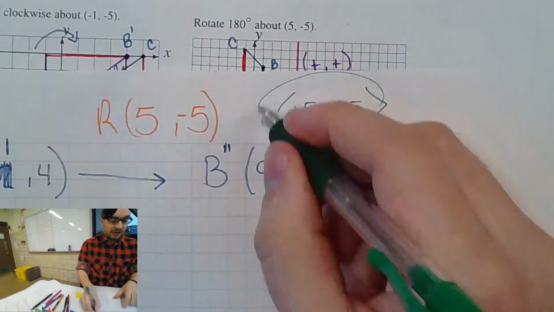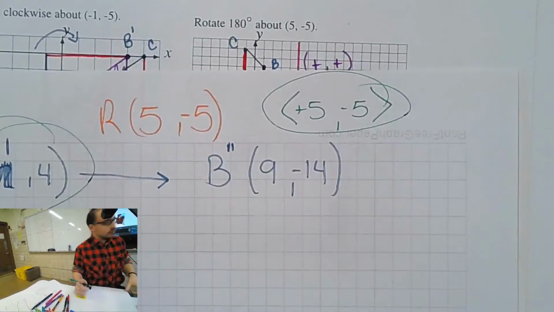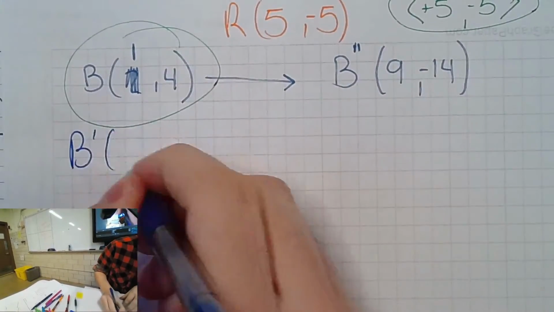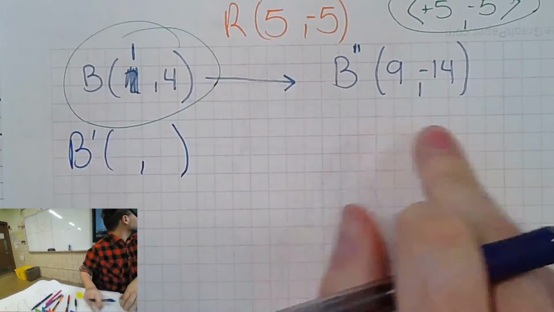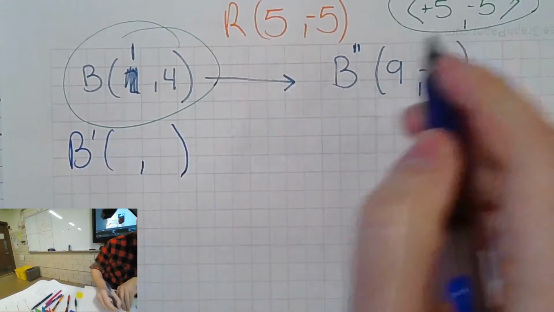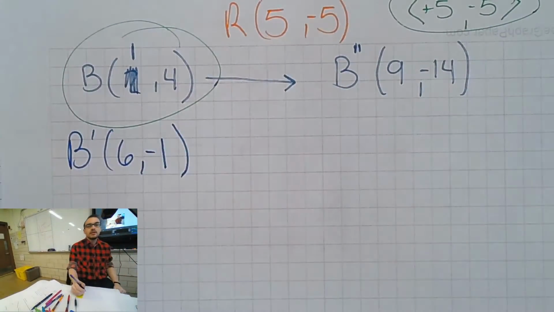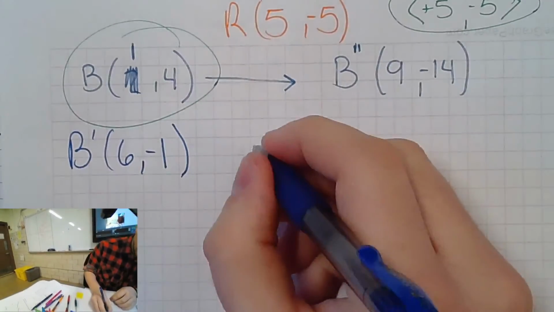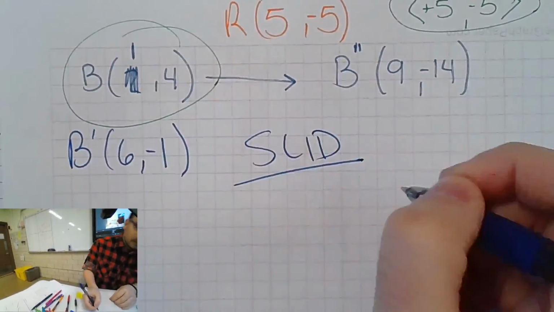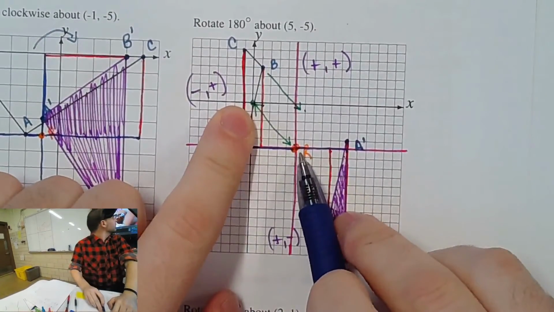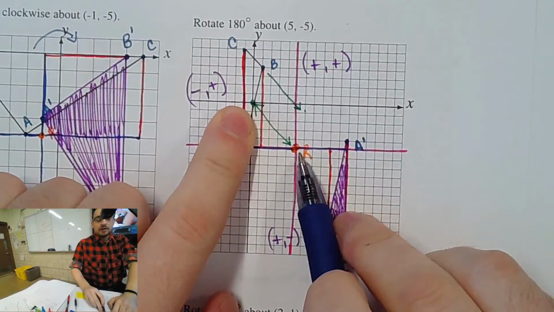So we're going to apply that vector to B. B prime, not B double prime, that's going to be where we end up at the end, right? Is going to be add 5 and -5. When we do that, we get 6, -1. So what we've done so far is we've slid, right? That's our slide to move everything from here to here. So now we've got our new origin, right?